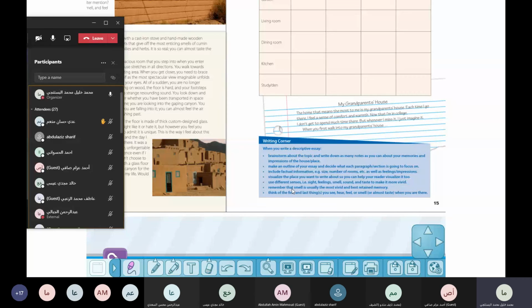You realize here you have to remember that the smell is usually the most vivid. Smell is the most vivid point, and it will make you what? Retain back your memory.